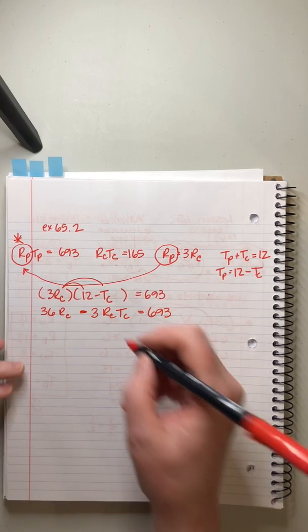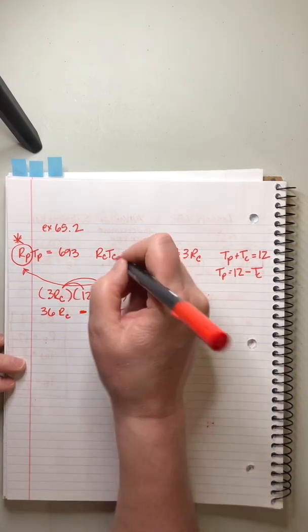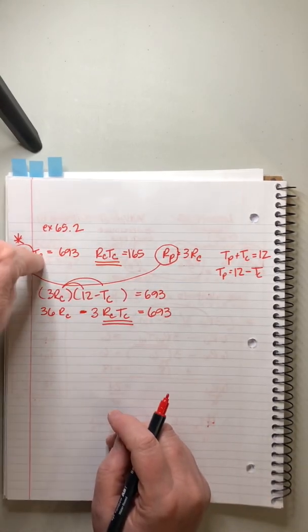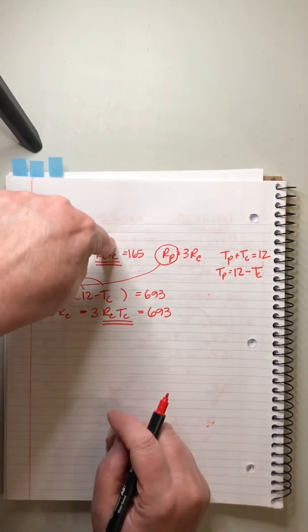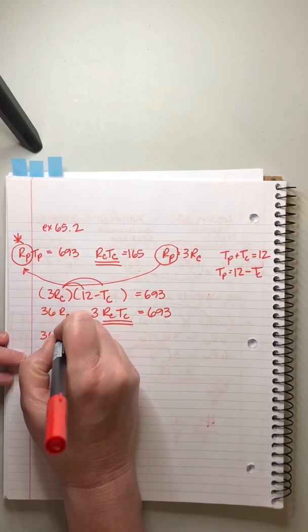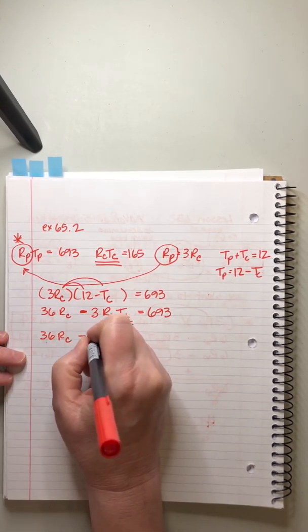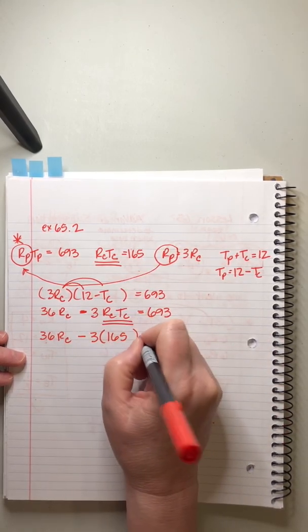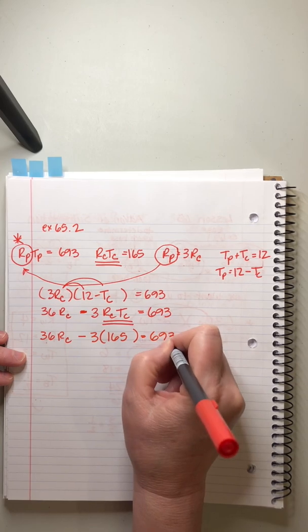Cool. Here is the monster we created, and there is the very same variable just waiting to be used. We've already used these three. This one was sitting here waiting for us. So now we get to plug it in. 36RC minus 3 times 165 equals 693.